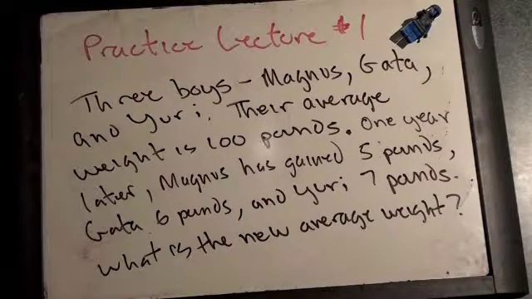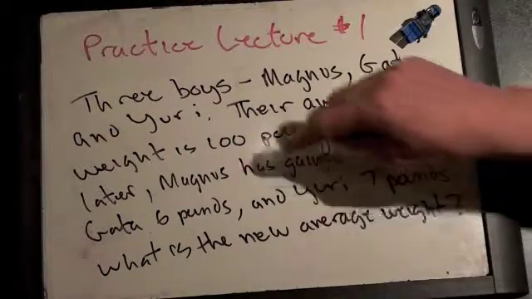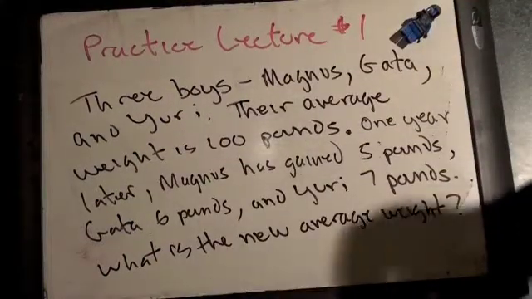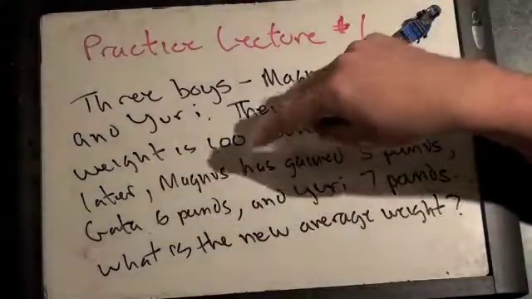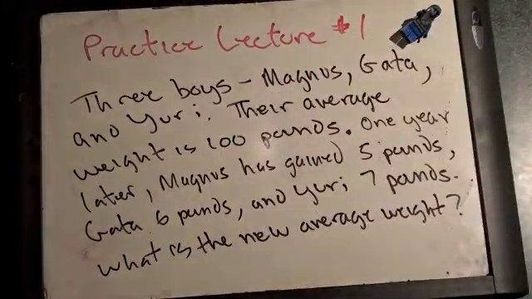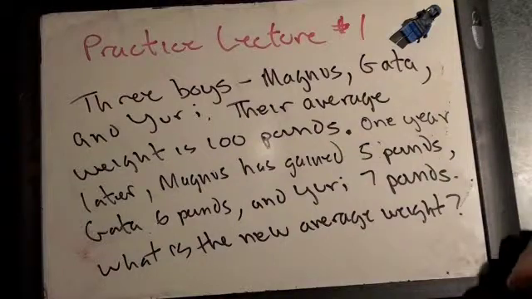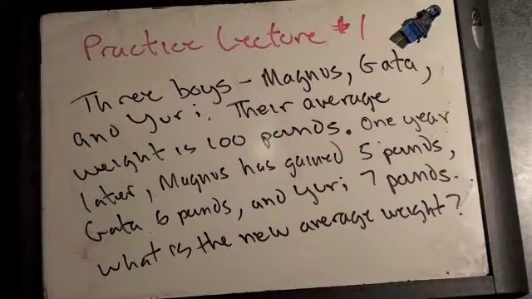And that is not right. What you did is you added all the weight gained to what the old average was. But how much did all 3 boys weigh in the beginning? If there were 3 boys and the average weight was 100 pounds, remember, you added up their weight and divided by 3 to get 100.